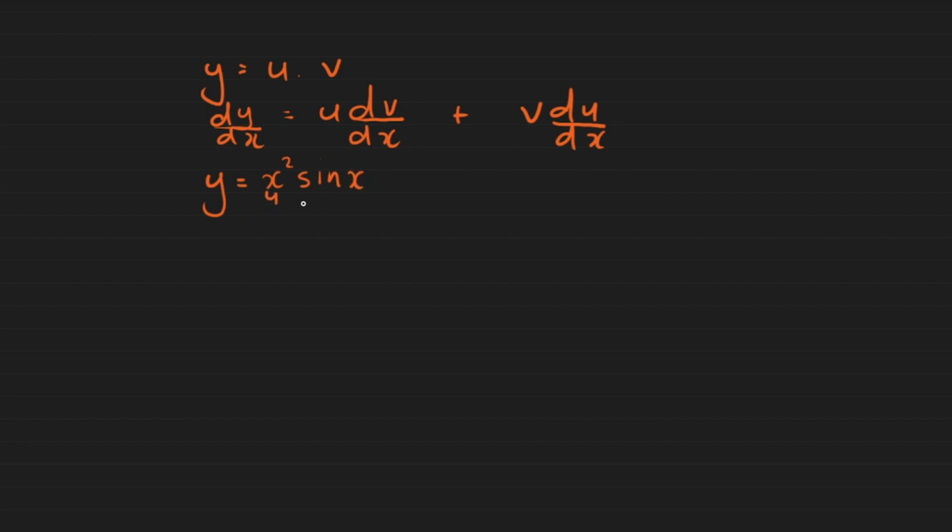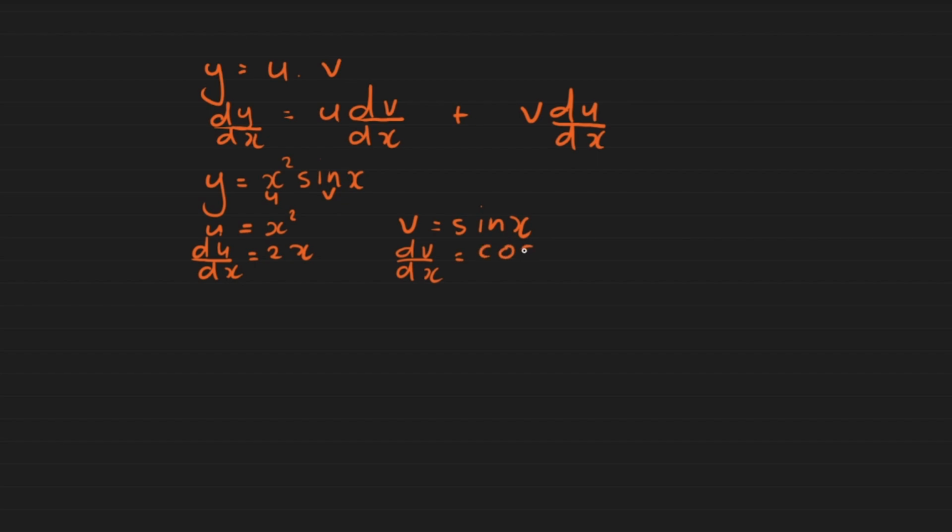So this would be u, and that would be v. So we would let u equal x squared, and we would let v equal sine x. So du/dx is equal to 2x, and dv/dx is equal to cos x.